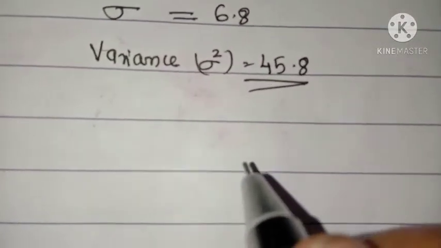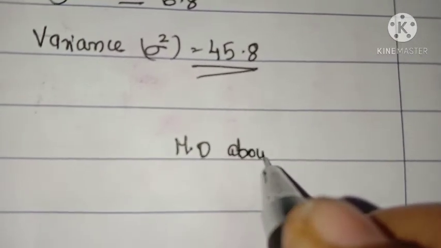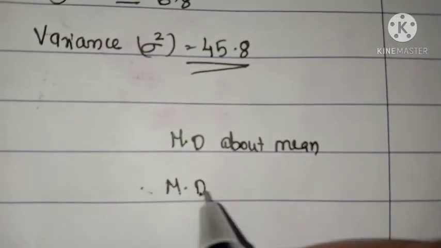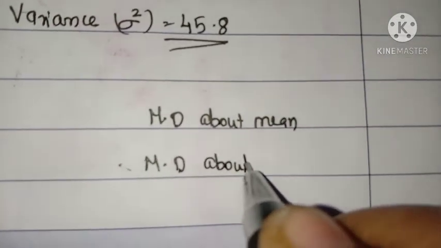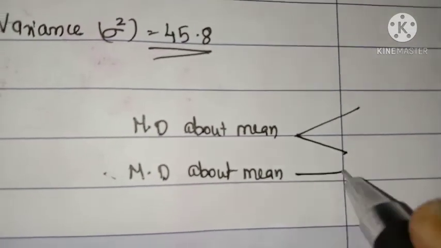So listen, in this chapter we studied mean deviation about mean, then mean deviation about median, for ungrouped data and grouped data.